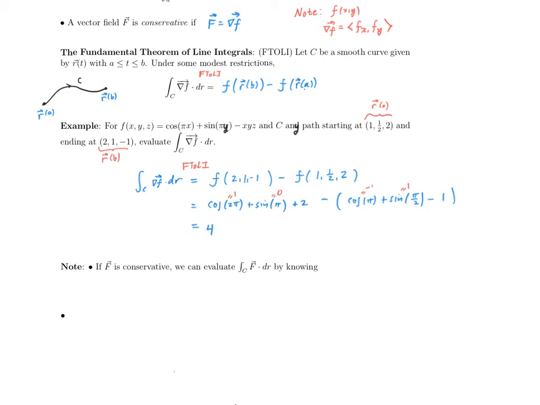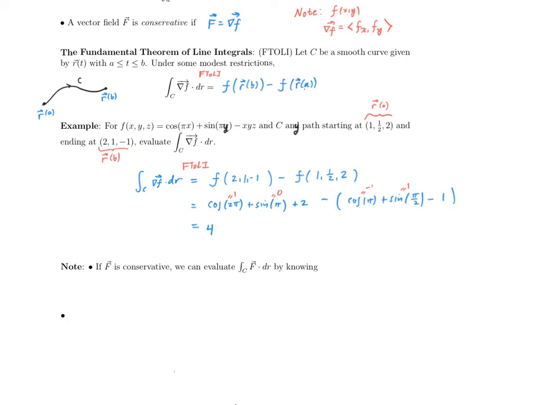And at this point, the takeaway should be, if we have a line integral over a gradient vector field, i.e. a conservative vector field, as long as we can find the potential function and we know where the curve starts and where the curve finishes, it can be a very quick and efficient line integral to evaluate.